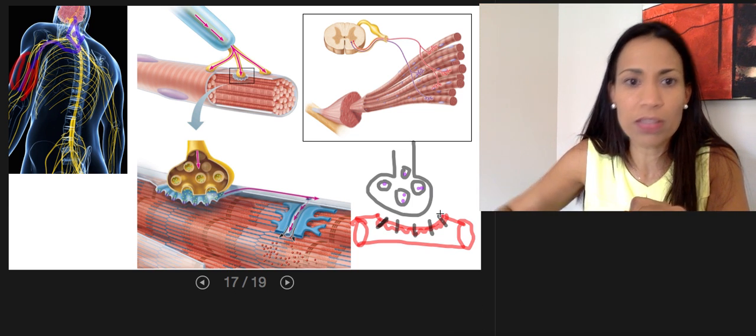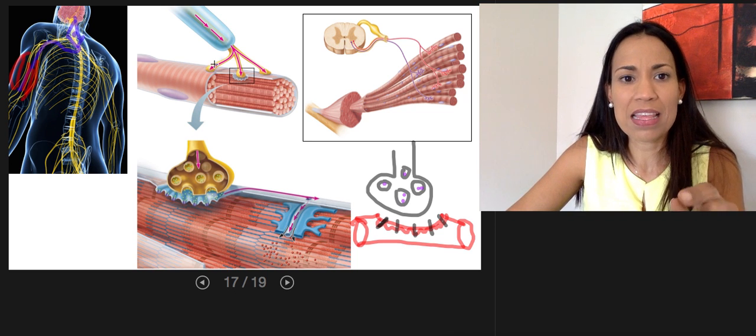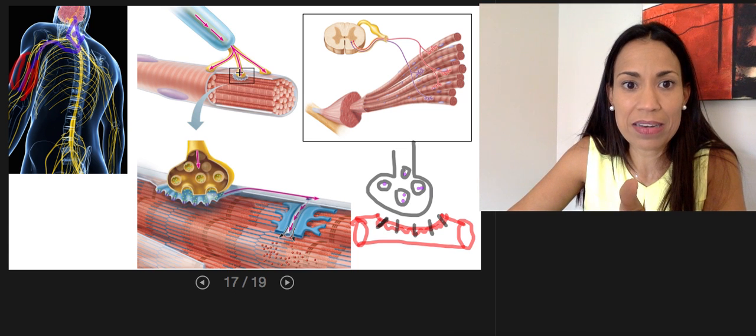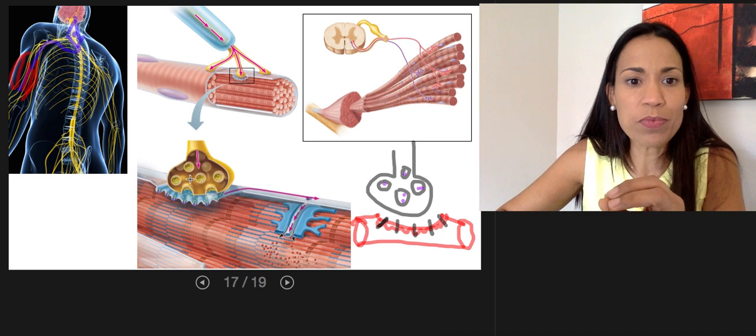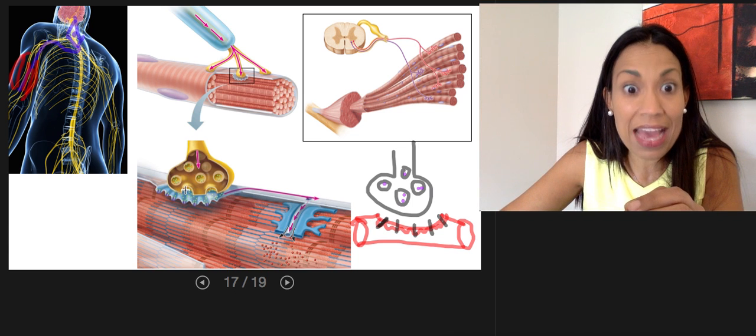Okay, now the action potential will travel from the neuron through the axon. When this action potential, or this stimulatory wave, reaches the synaptic knob, it stimulates the release of the neurotransmitter acetylcholine by exocytosis.